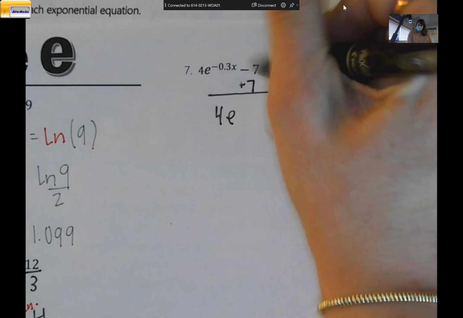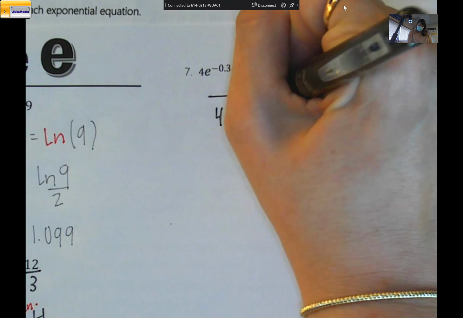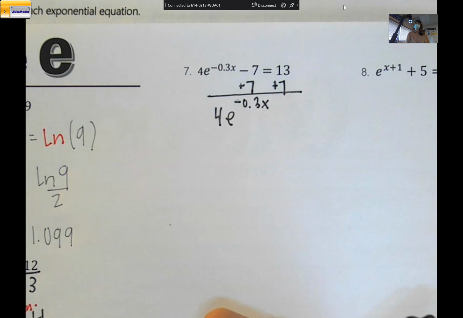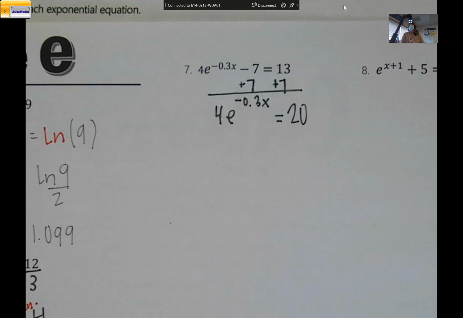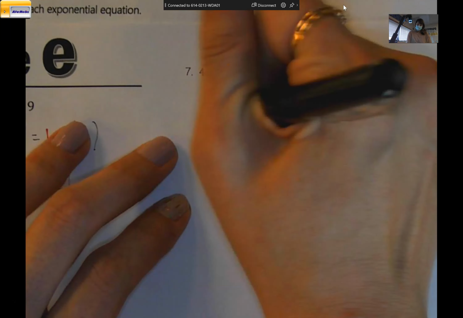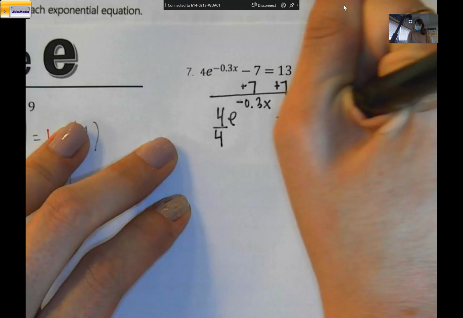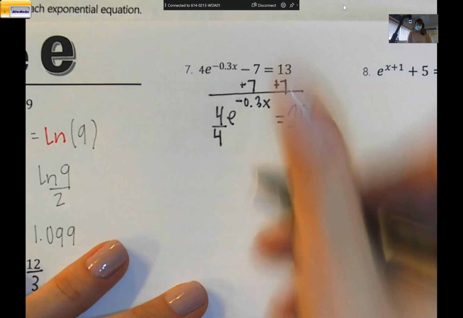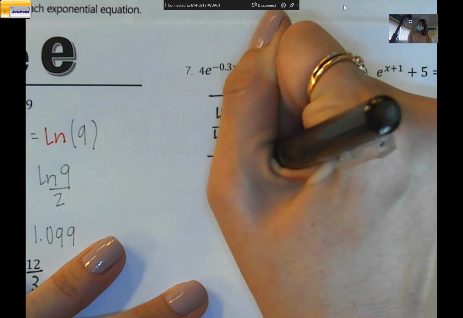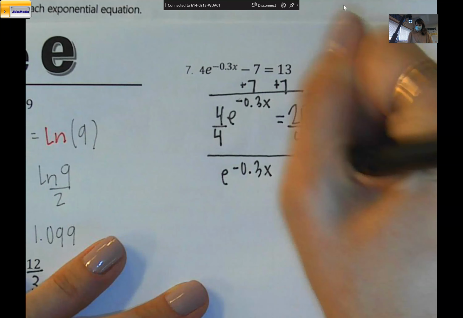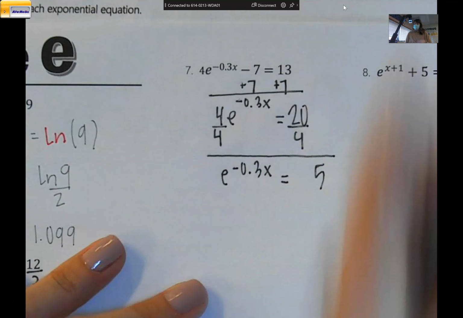That's going to leave us with 4e to the negative 0.3x equals 20. And now this is almost exactly the same as the last one. So we divide the 4 off. So that's the girlfriend leaving. And we get e to the negative 0.3x equals 5.